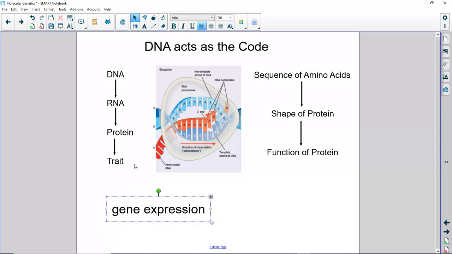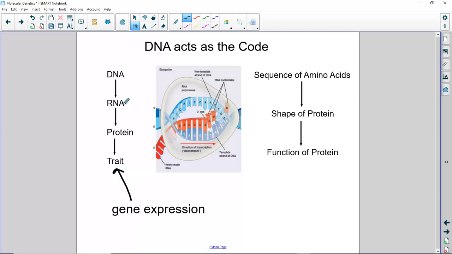Gene expression: DNA to mRNA to protein to a trait. The sequence of amino acids determines shape and function.